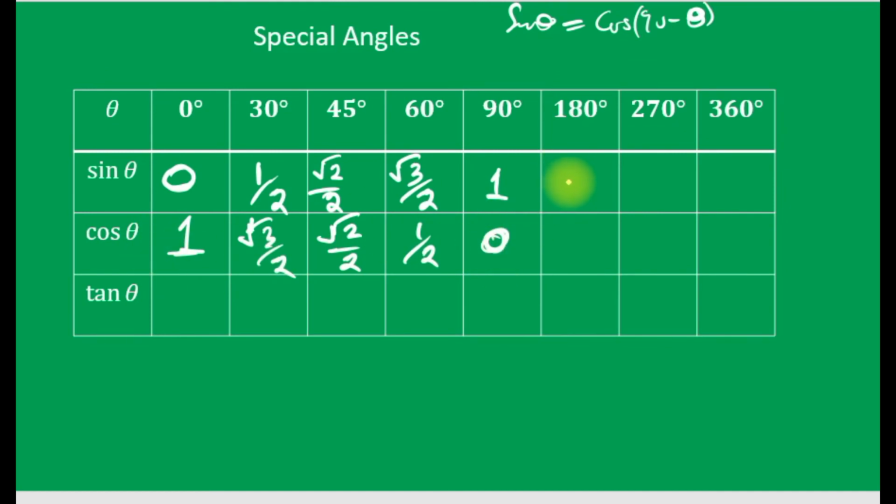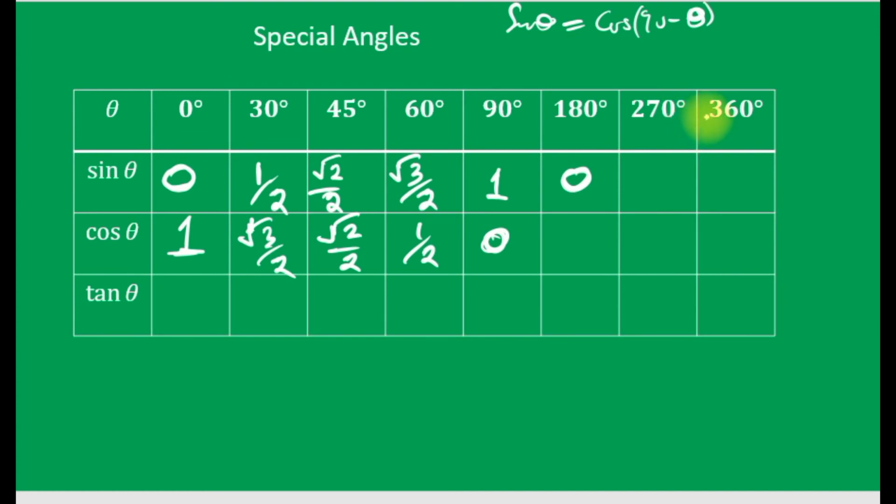Remember, we are now in the second quadrant, so sine 180 is the same thing as, remember, sine is positive, and 180 in the second quadrant we subtract from 180, so 180 minus 180 is 0. So sine 180 is the same thing as sine 0, which is 0.